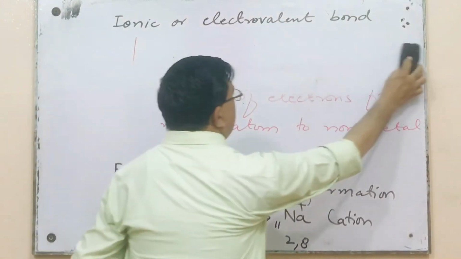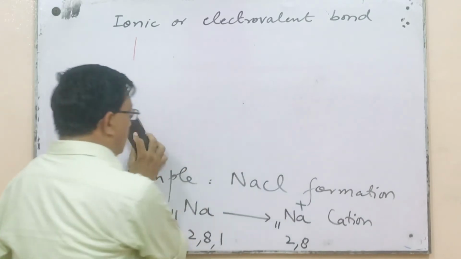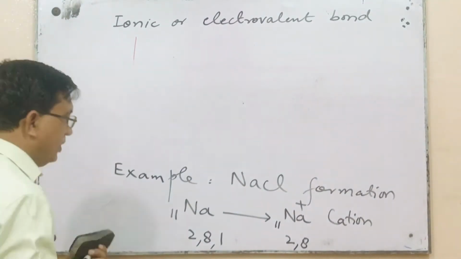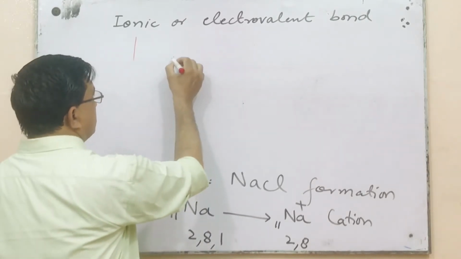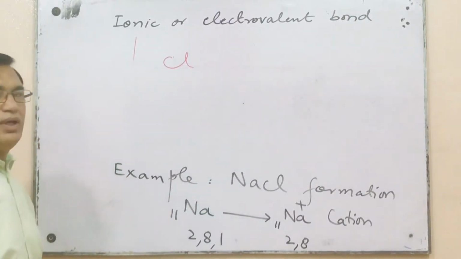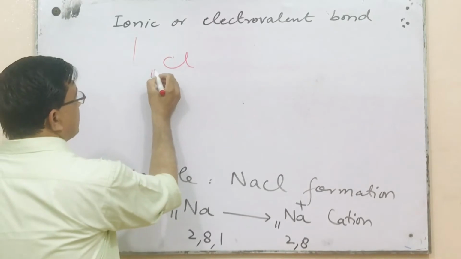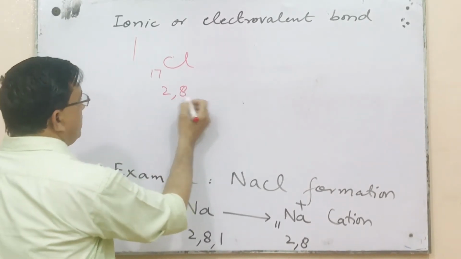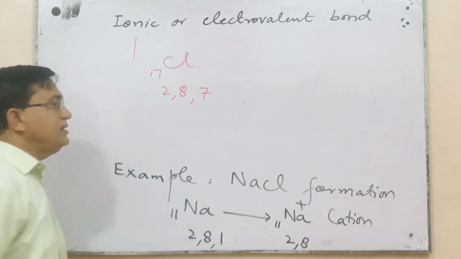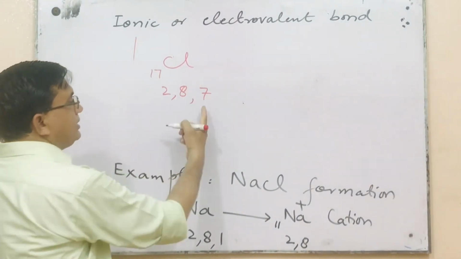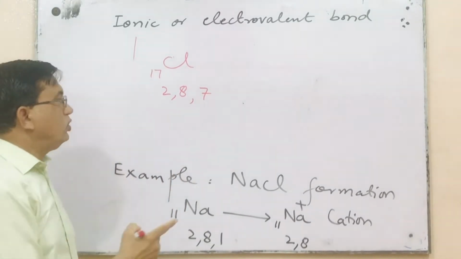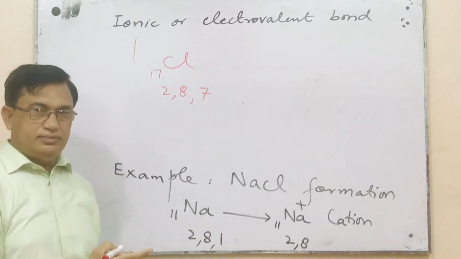On the other hand, we have the second atom, chlorine. Its proton number is 17. Its electronic configuration is 2, 8 and 7. Means the last shell contains 7 electrons and only 1 electron is short to complete its last shell.